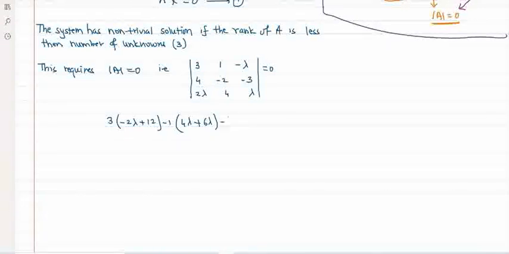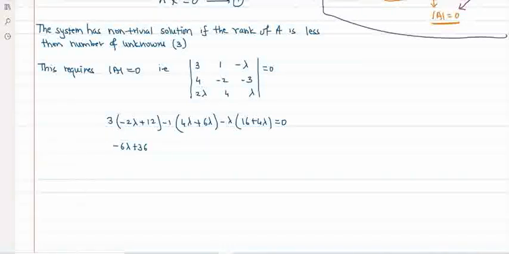Correct. Minus lambda into bracket 16 plus 4 lambda. Simplify this. That is 5 lambda square plus lambda is equals to 0. Okay, I will simplify. Minus 6 lambda plus 36. I think this is minus 10 lambda.